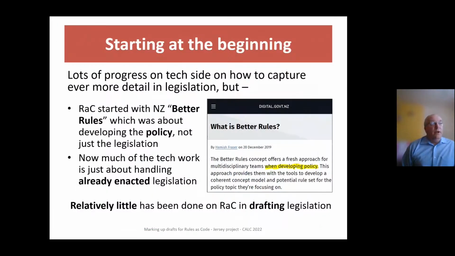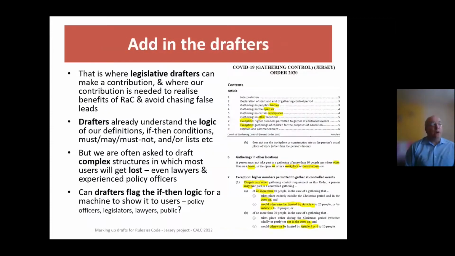So starting at the beginning, our issue with rules as code is that it's become very, very techy, and the drafter side of it hasn't gone as far forwards as needs be. So we're looking to add drafters in. The point being that when we're drafting something, we already understand the logic that we are trying to encapsulate in our draft.